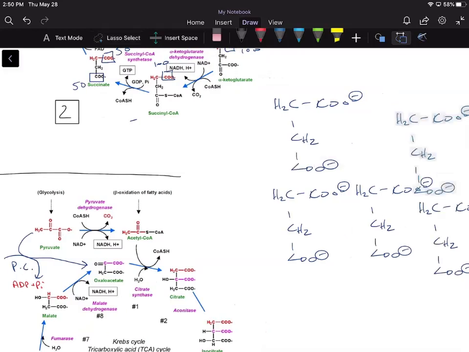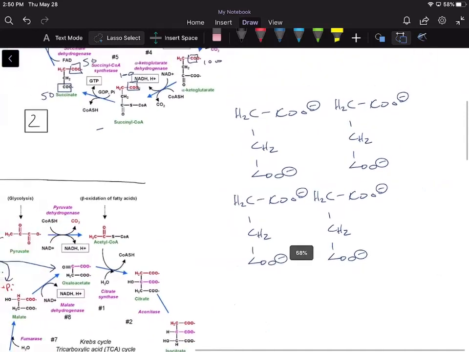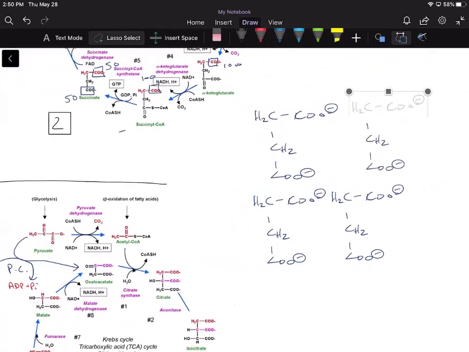I could just keep pasting. But the idea here is that in the population of these succinate molecules, half of them will have your radio label on the top carbon, and half of them are going to have the radio label on the bottom carbon, okay? And of course, at this point in time, it doesn't really make sense to say that because they look symmetrical.